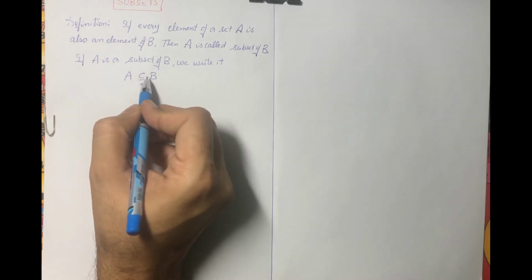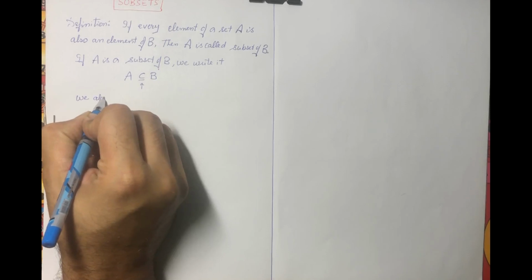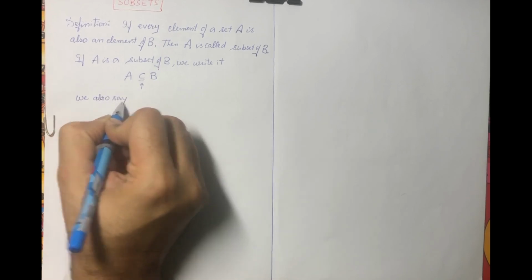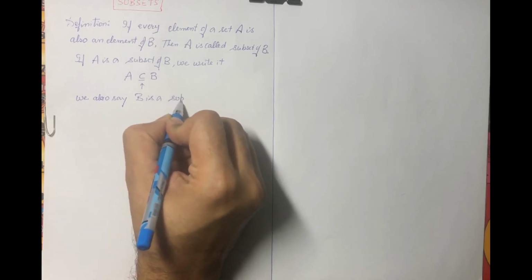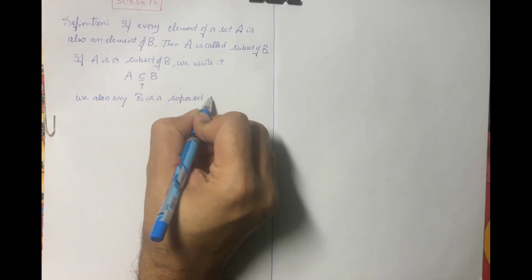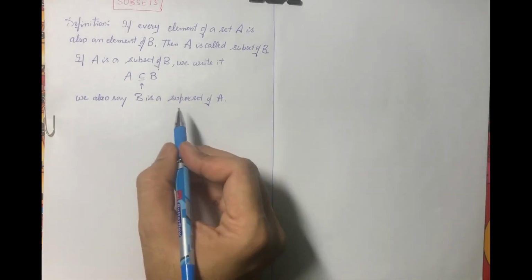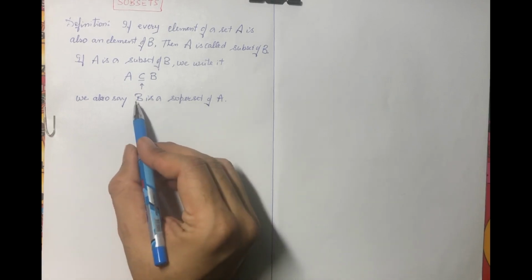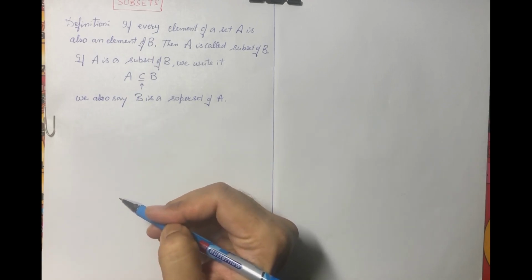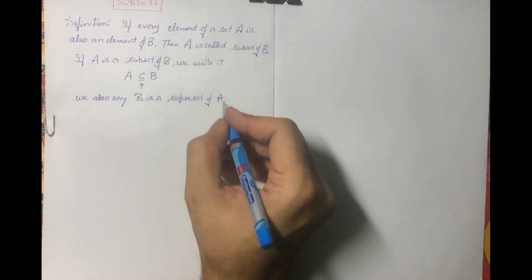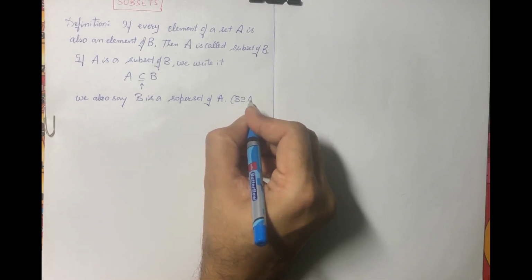As A is a subset of B, we also say B is a superset of A. So the definition of superset is if B contains A, B is called superset.